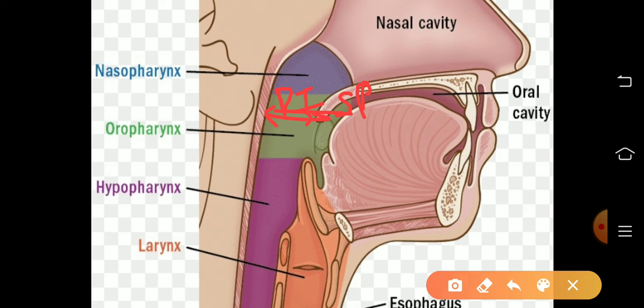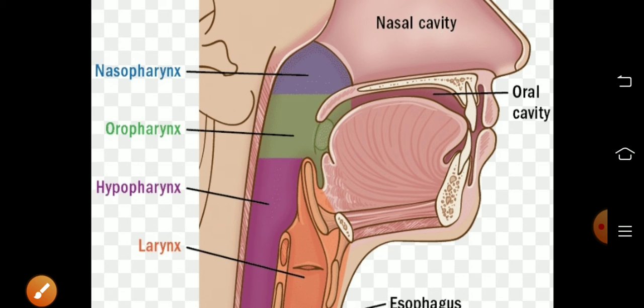The floor will be formed by the posterior third of the tongue and the interval between the tongue and the epiglottis. So this is the floor of the oropharynx.